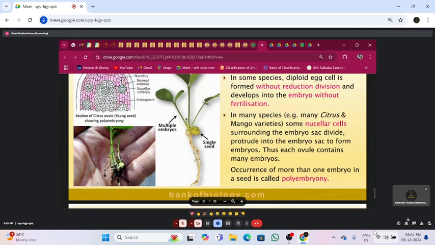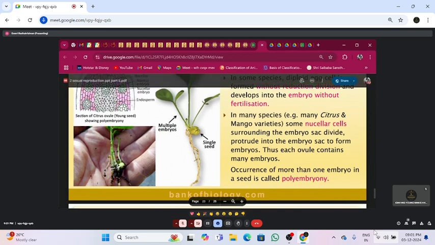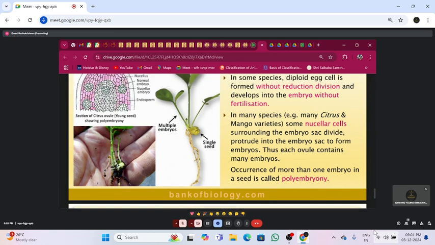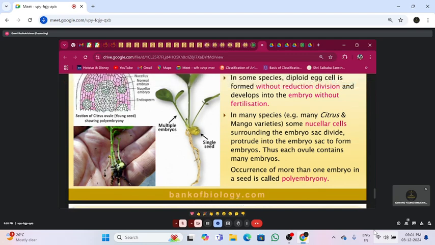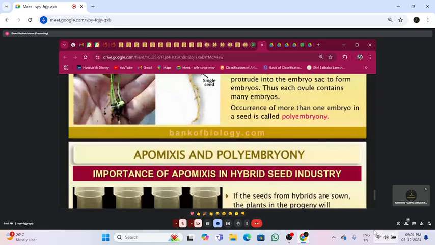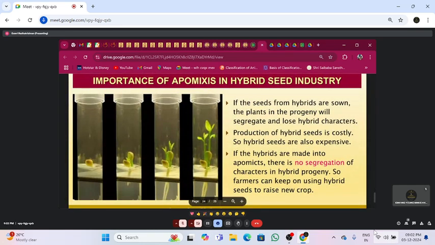You can see here one seed, but many germinations come, multiple embryos. This is called polyembryony. You can see here, single seed, many embryos.